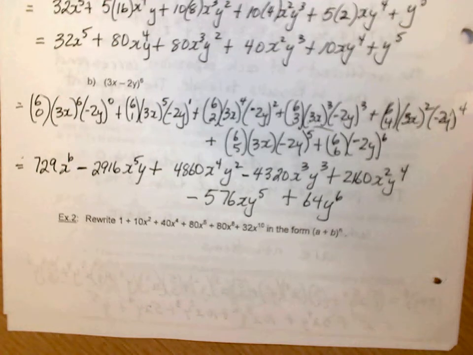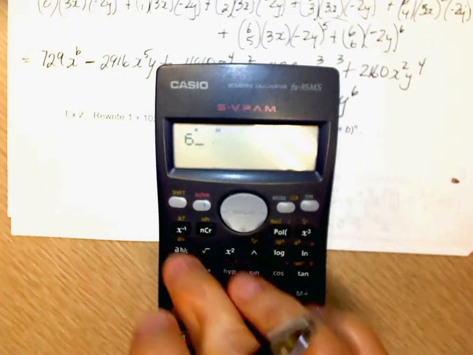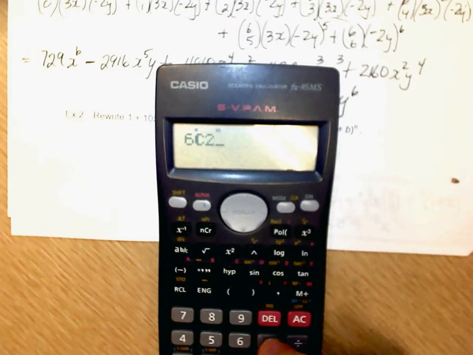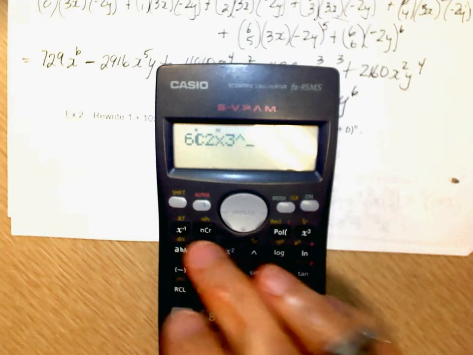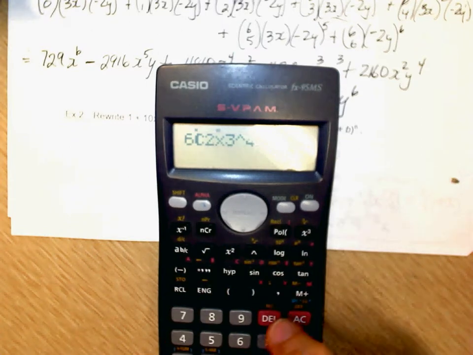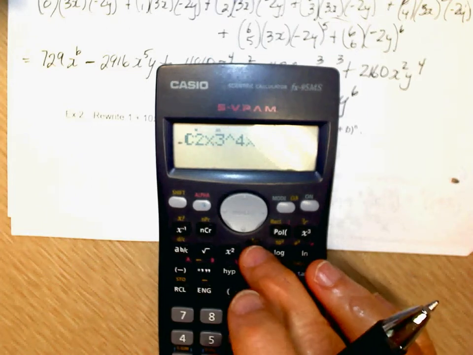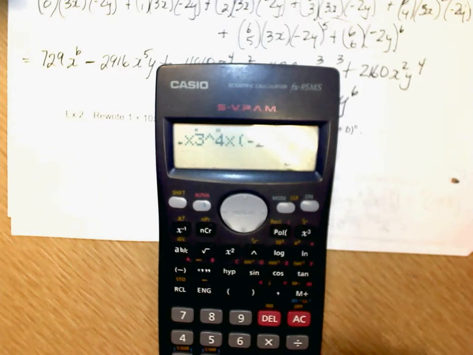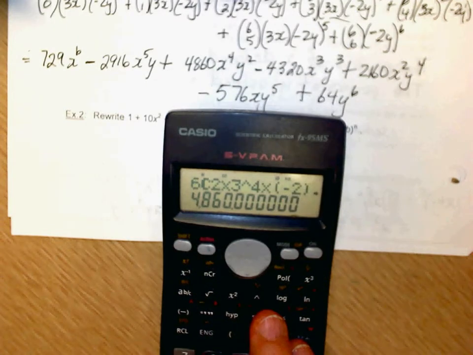I would just go like this: 6 nCr 2 times 3 to the exponent 4 times open bracket minus 2 close bracket to the exponent 2, and I get that. Okay. Do you still have a reflection? I got it. Okay. All right.